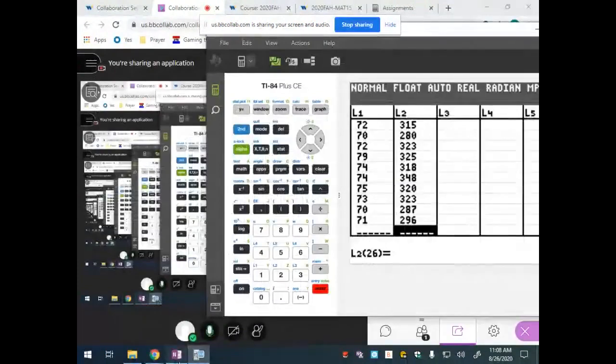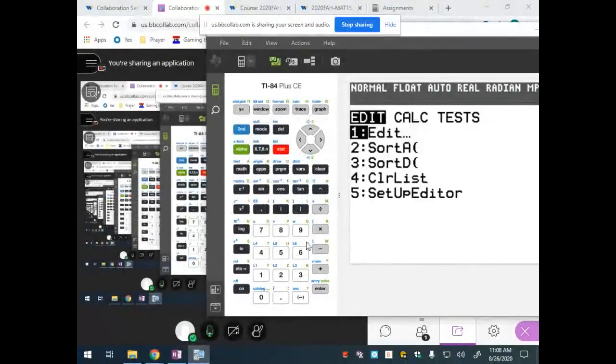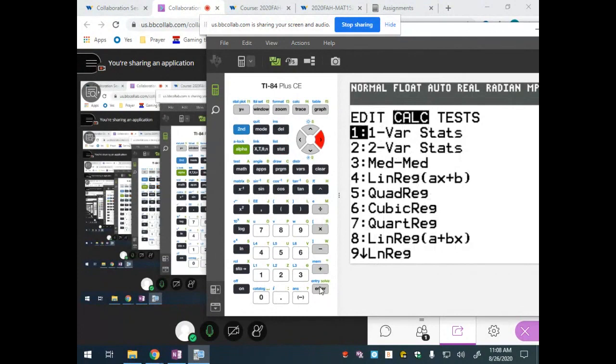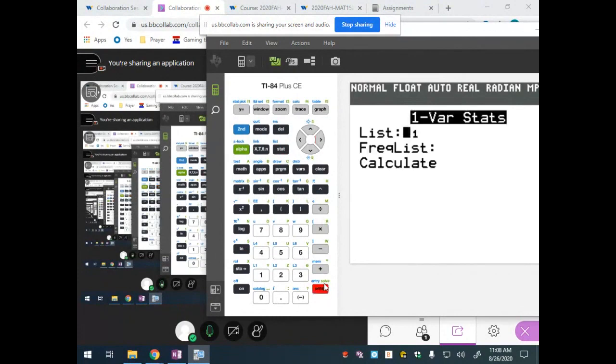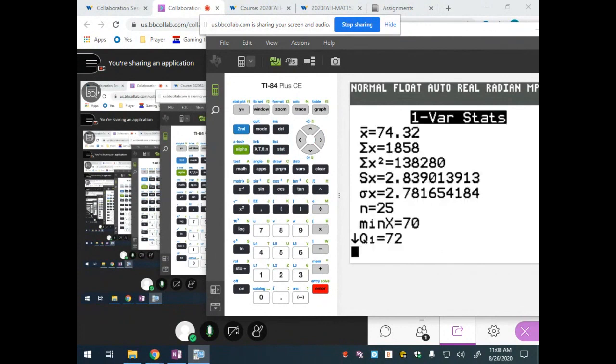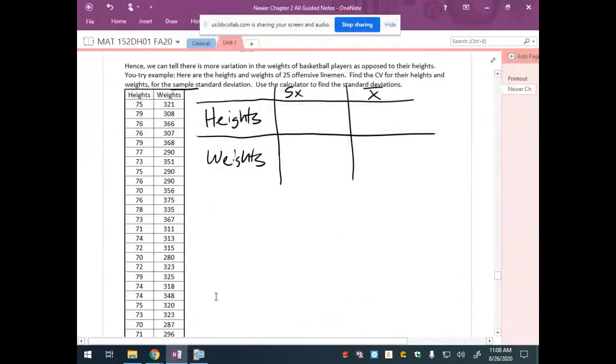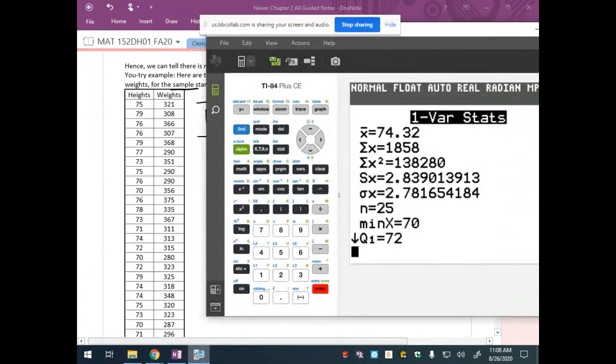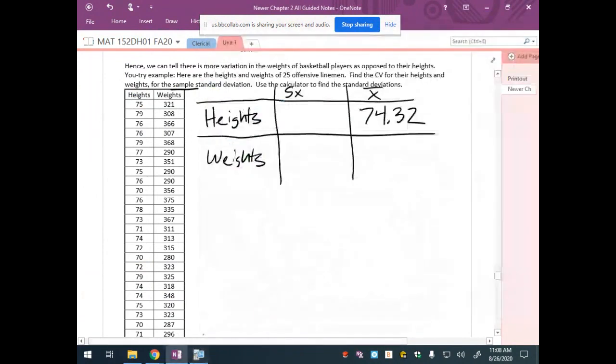So now we're going to do one-variable stats on each of these. On L1, we get a mean of 74.32 for the heights, and a standard deviation of 2.84.